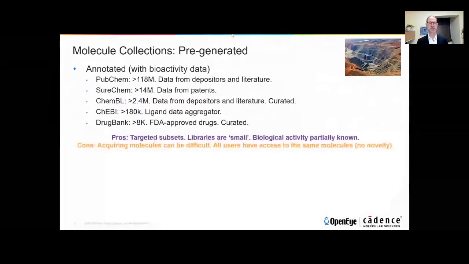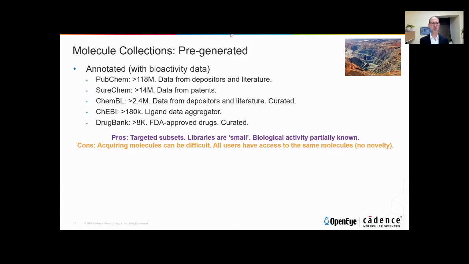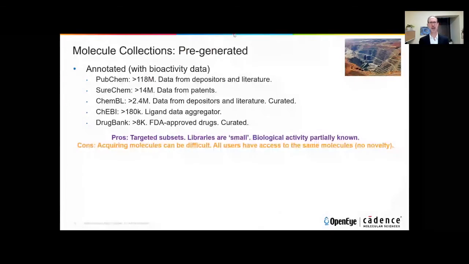These collections have some significant advantages. You can generate knowledge-based targeted subsets, all molecules active against a kinase or a protease or a GPCR. These libraries, as you'll see, are relatively small, only 100 or so million molecules, much smaller than some other available collections. Disadvantages for these sets include there's no necessary path to obtaining the molecule.